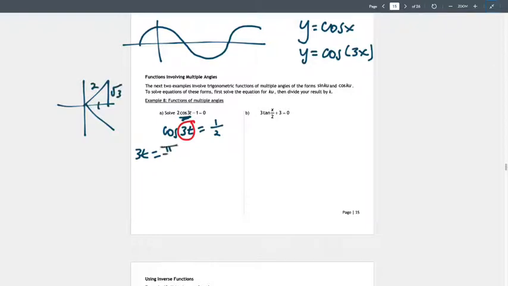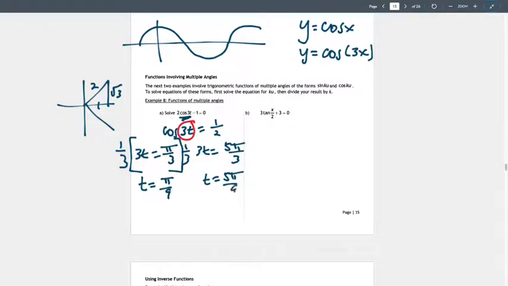So at pi over 3 in the first quadrant, and then the angle equals 5 pi over 3 in the fourth quadrant. Now we're solving for t, so I still need to divide by 3 or multiply by 1/3 on both sides. And so that gives me t equals pi over 9 and t equals 5 pi over 9.